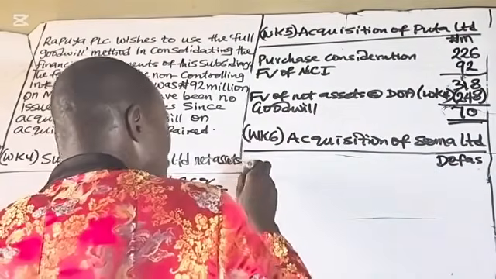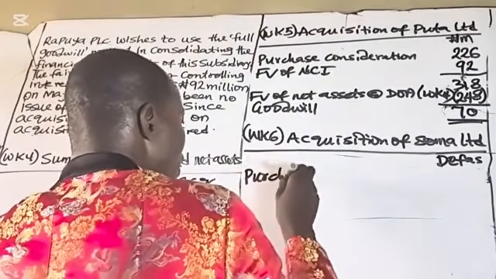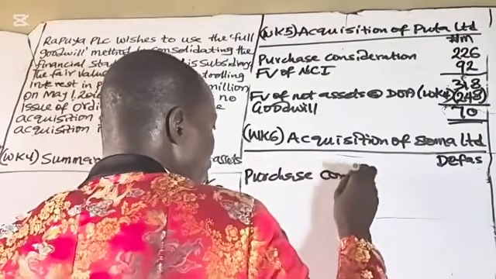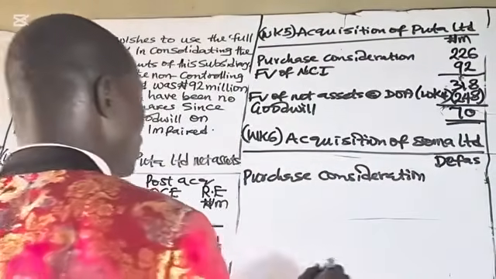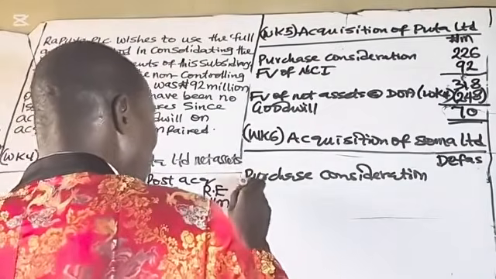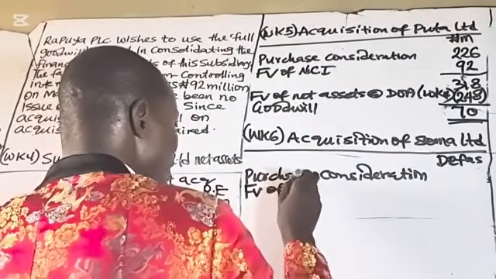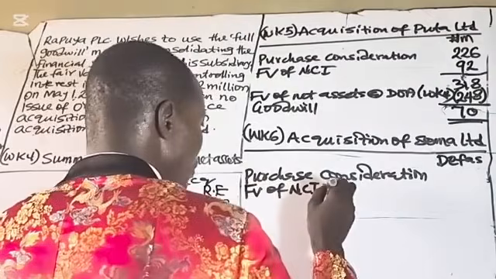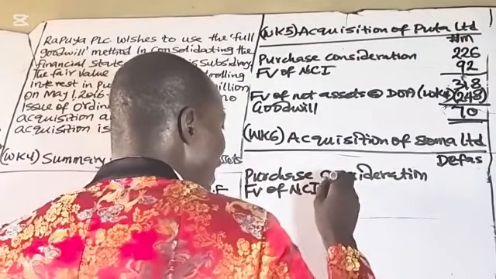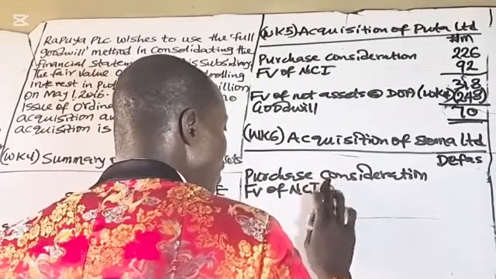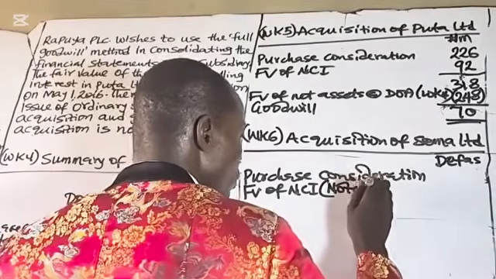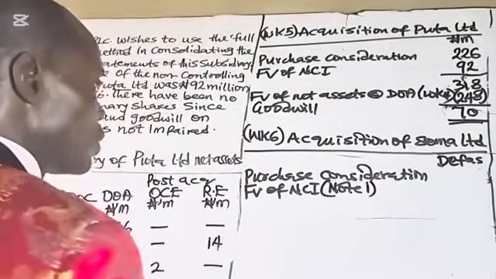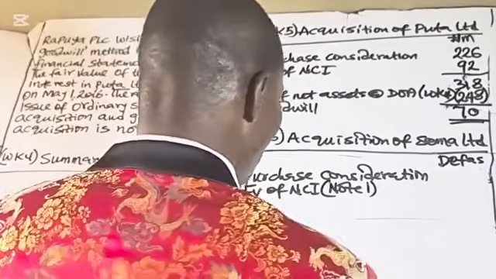So we have purchase consideration. Then after purchase consideration, you have the fair value of non-controlling interest on acquisition, and this is given in note 1.